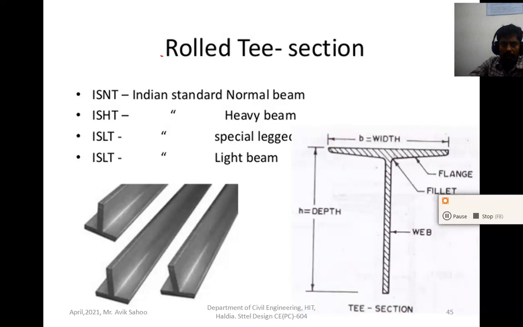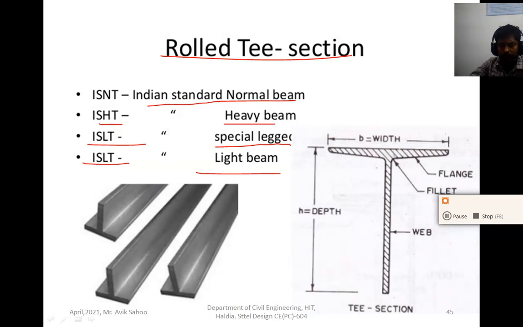Similarly, the rolled T section, the Indian Standard Medium Beam, Indian Standard Junior Beam, Indian Standard Heavy Beam, Indian Standard Light Beam. Again here, to reduce the stress concentration, the shapes are curved.